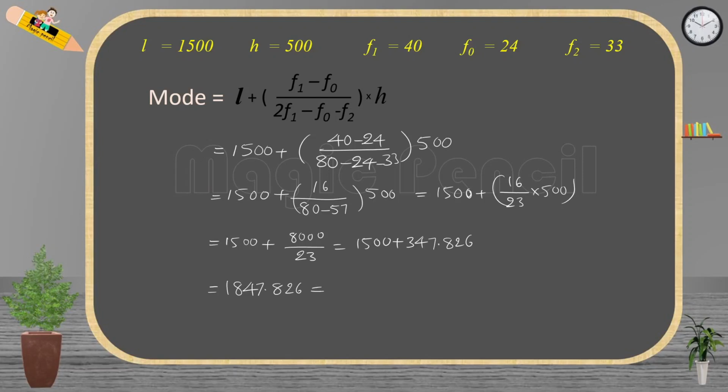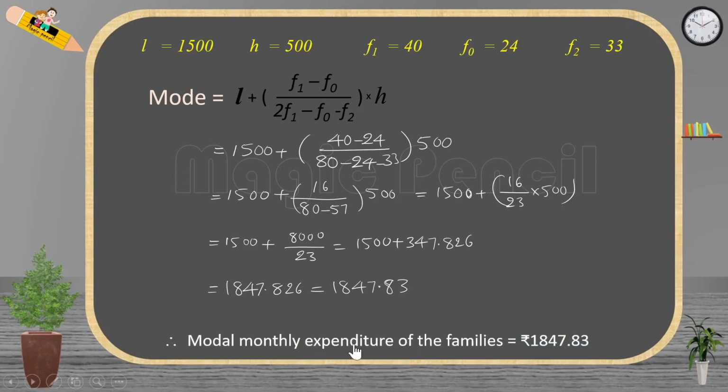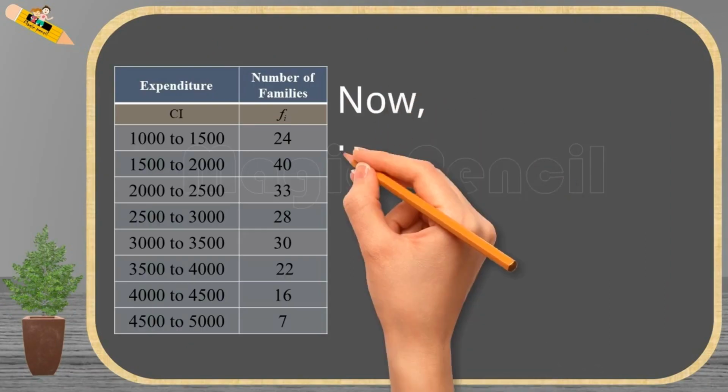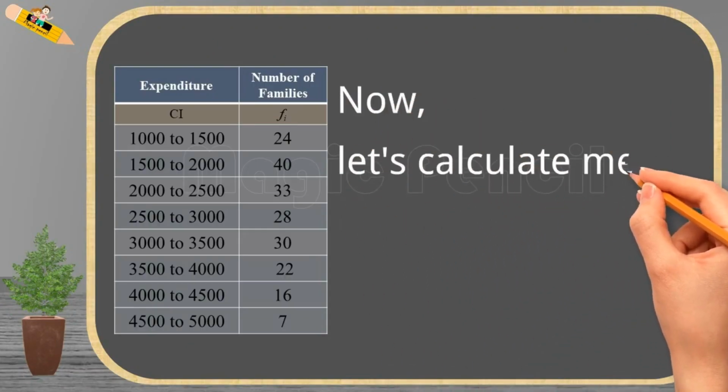When you approximate it, you can write 1847.83. This is the approximate value. Therefore the modal monthly expenditure of the families is equal to rupees 1847.83.